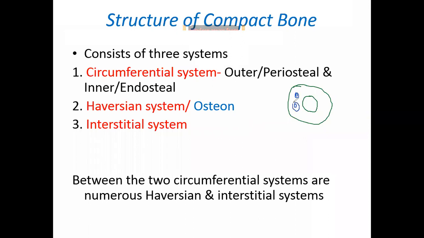Then in between the circumferential and the Haversian system, you will find the interstitial system, the one in pink. Is it clear? The one I drew in green is the outer periosteal and inner endosteal. Then these are the Haversian, and in between them is the interstitial system. Okay, moving on.